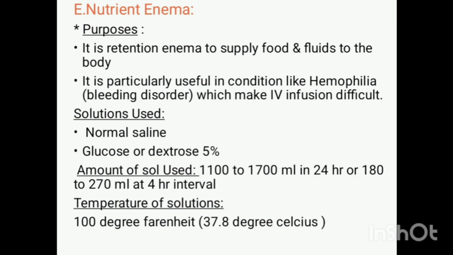Purposes: it is a retention enema to supply food and fluids to the body. It is particularly useful in conditions like hemophilia, which make IV infusion difficult. Solutions used: normal saline, glucose or dextrose 5%.